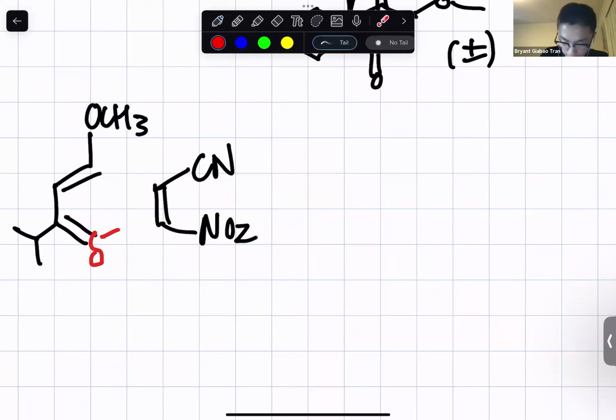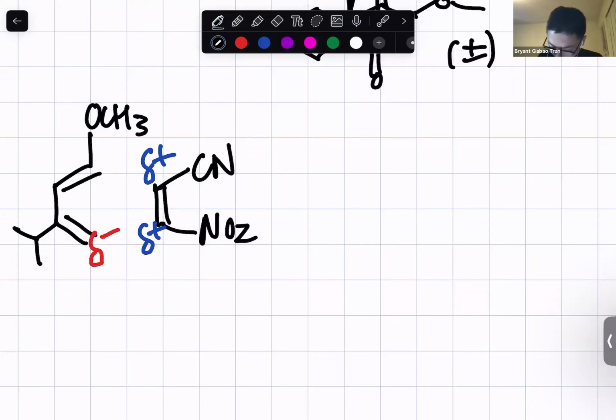So the EWG could withdraw electrons like that, giving a positive charge on that carbon, or this withdrawing group here can withdraw electrons from that dienophile, giving that positive charge right there. So we could have a partial positive charge on both carbons of the dienophile, where, let's see, the 8 different products.